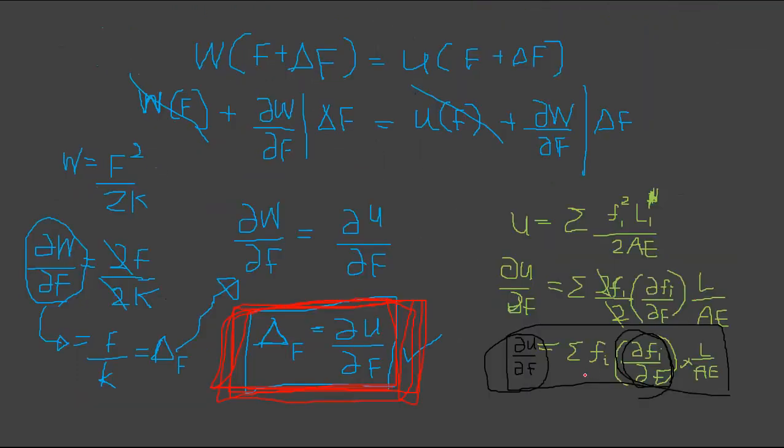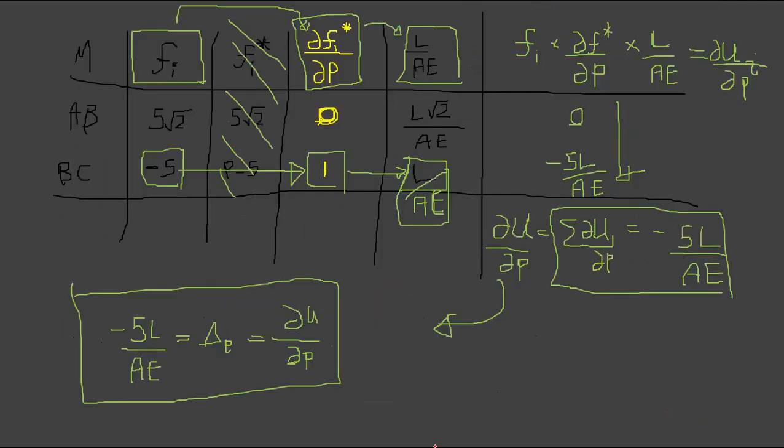That gives you dU by dF in the ith member. So when you take the summation over each member, you get the total strain energy with respect to the force applied. That gives you the displacement, right? So hope you understand. Thank you.